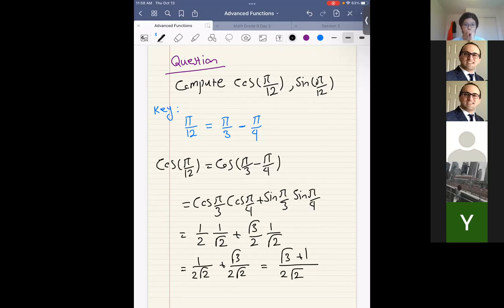Okay? I leave the sine of pi over 12, compute sine of pi over 12 yourself.